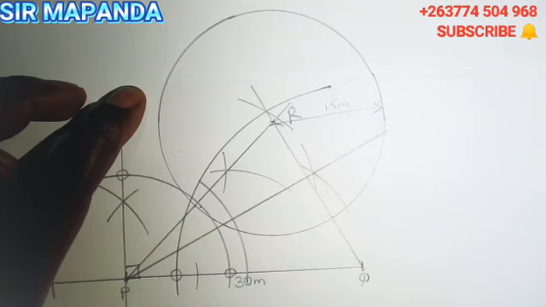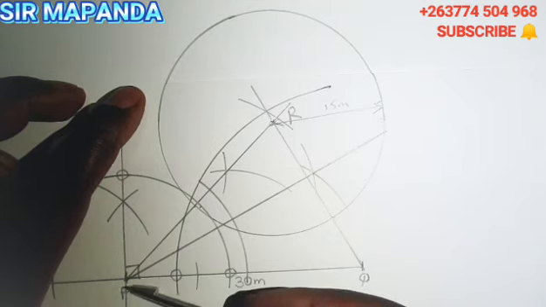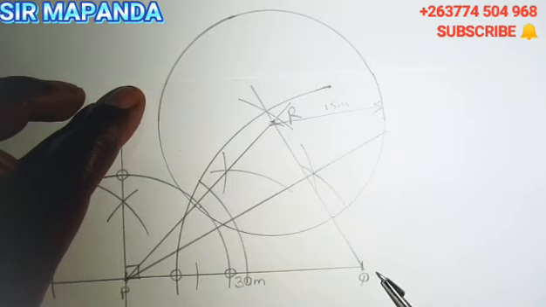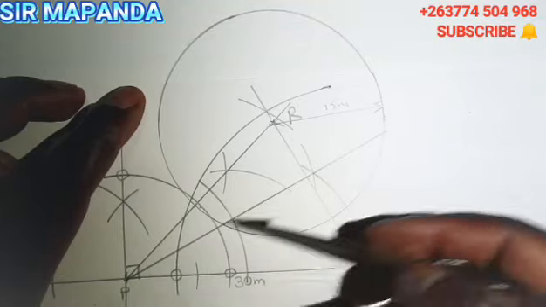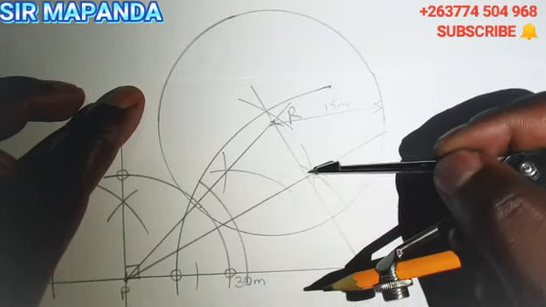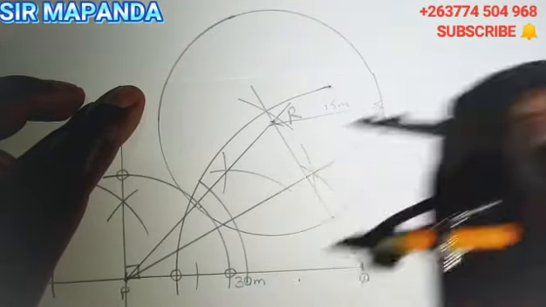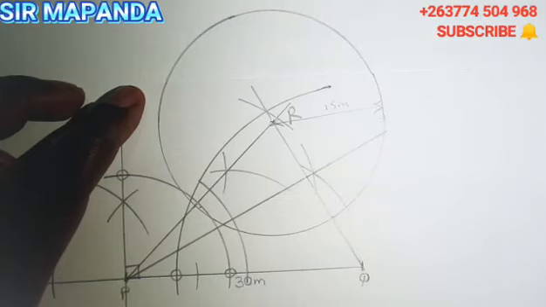For example, if the examiner asks you to construct the locus of points equidistant from PR and PQ, you do the two arcs like what I did, but when drawing this line, you need to stop at this point so that you don't proceed outside the triangle. So these are some of the concepts that you need to master when attacking geometrical construction. Identify whether there is the word inside, because it is very, very important. I hope you are listening, class.